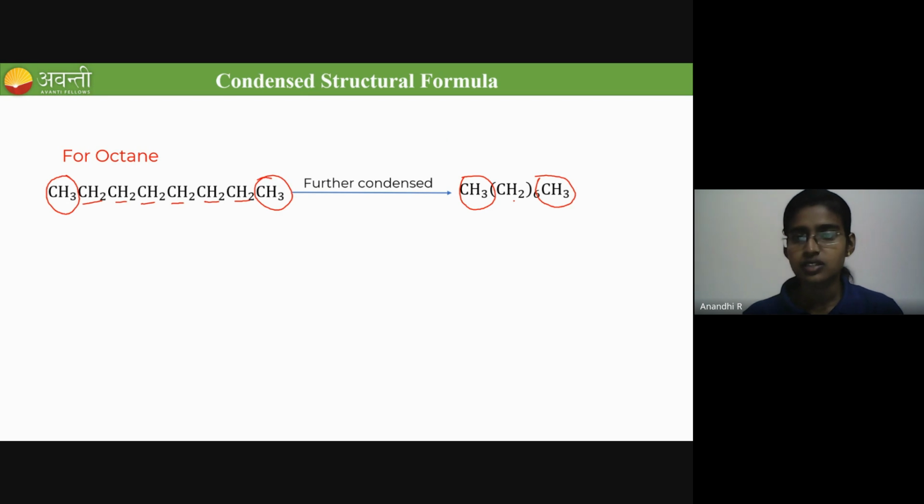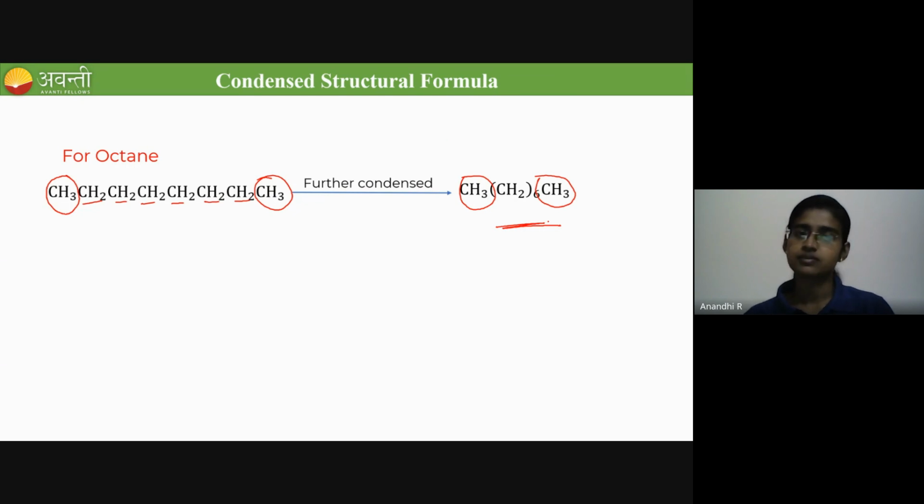Got it? Should it be C6H12? No, you cannot write in that way. You can write CH2 6 times. Like this you can write. Okay. So this is the correct way of representation.